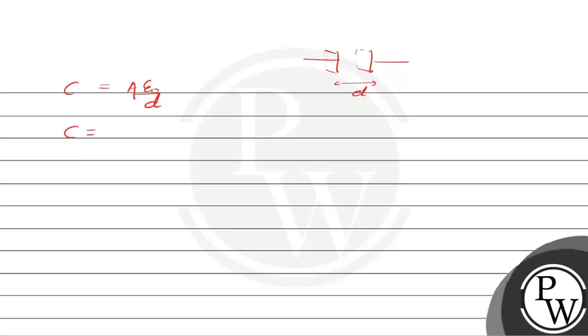This was C naught. Now when the dielectric was introduced, we can write capacitance as A into epsilon upon D, where epsilon represents permittivity of the dielectric.